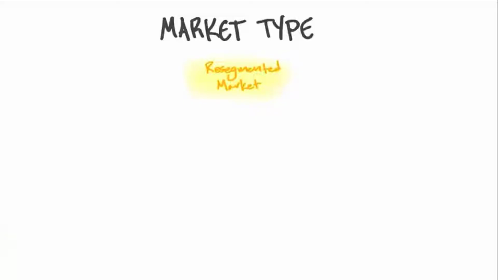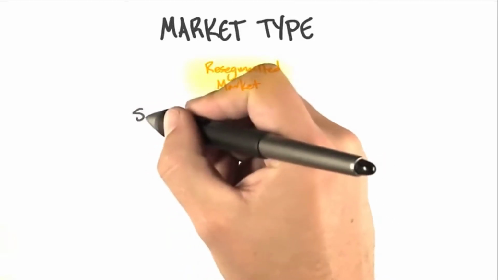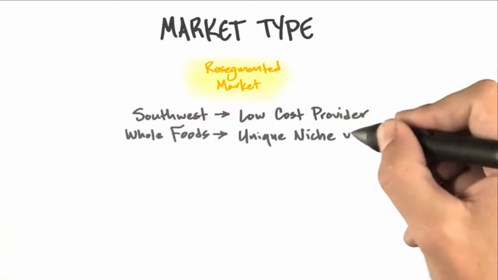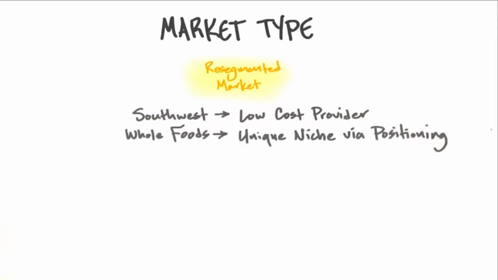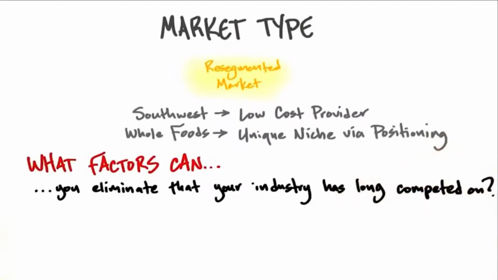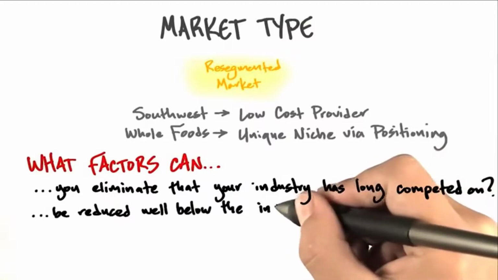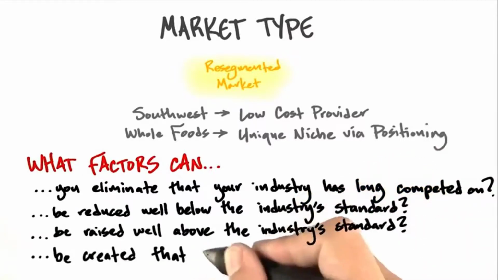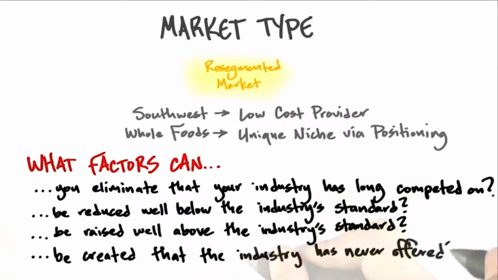Congratulations. Now the other thing is, in a resegmented market, again we use Southwest as a low-cost entrant, or Whole Foods as a unique niche supplier via positioning, what you really want to start asking is, what factors can you eliminate that your industry has long competed on, or what can you reduce below the industry standard, or raise above the industry standard, or what can be created that the industry has never offered?